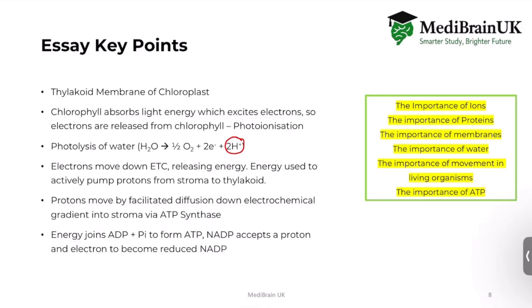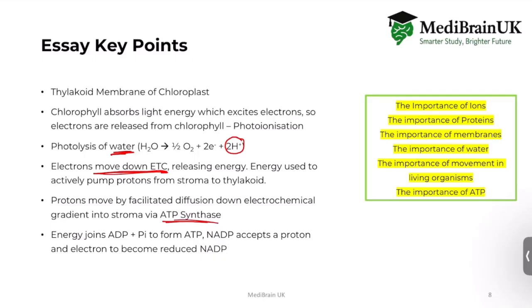We're talking about the chloroplast membrane where the proteins are embedded and the electrons are being transported across them. The importance of water: photolysis of water that's occurring. The importance of movement: the electrons are moving down the electron transport chain. The importance of ATP: ATP is being produced from ATP synthase. All of these topics relate to the light dependent reaction.